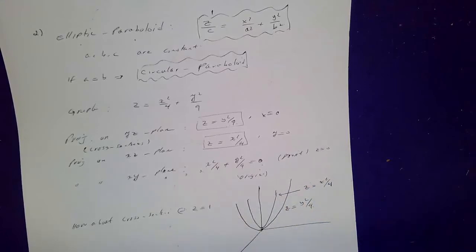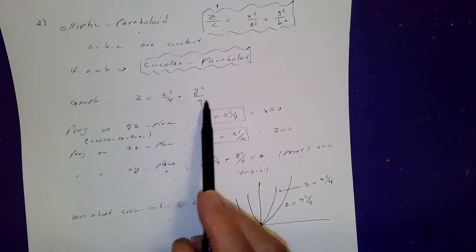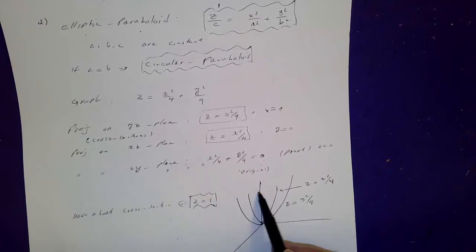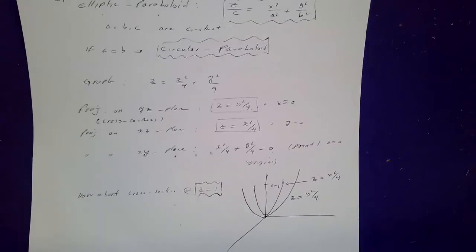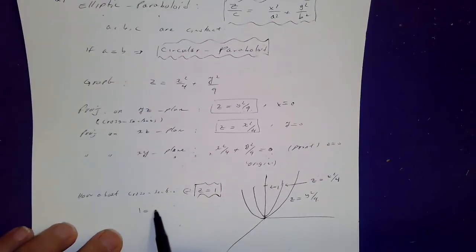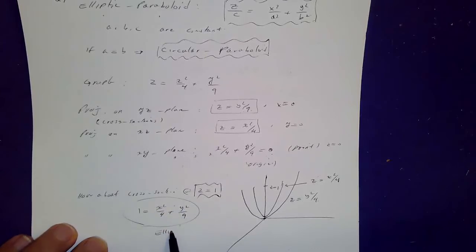So the question is, what happens if I intersect this surface with the plane z equals 1? Right about here, what kind of cross-section do we get? Well, if you stick 1 in for z, you get this. Do you see it? And what is that? That's also an ellipse.